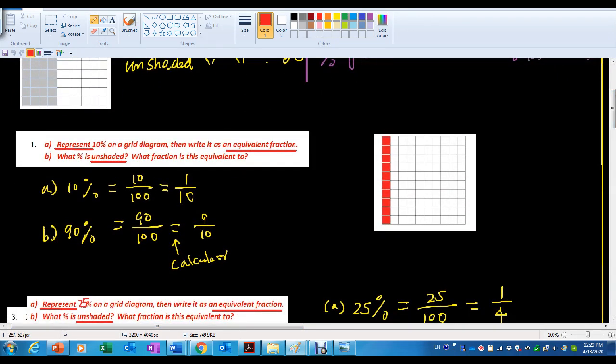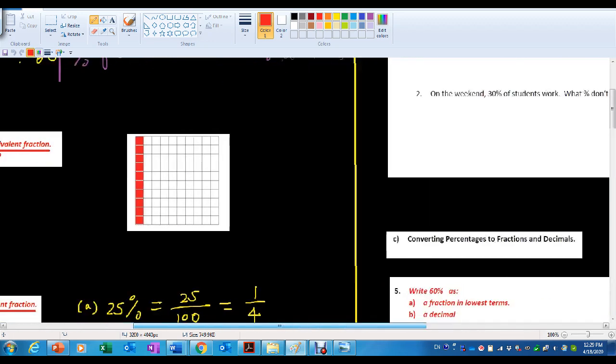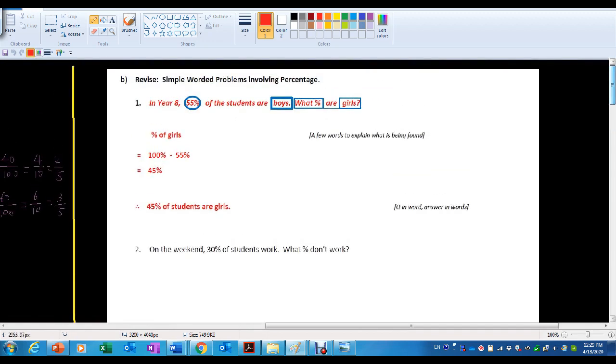So the shaded area is 10%. What's the percentage of unshaded area? It should be the rest of the 100, right? You got 10 shaded, so 90 would be the rest unshaded. Here you got 50% boys, then the rest would be girls.